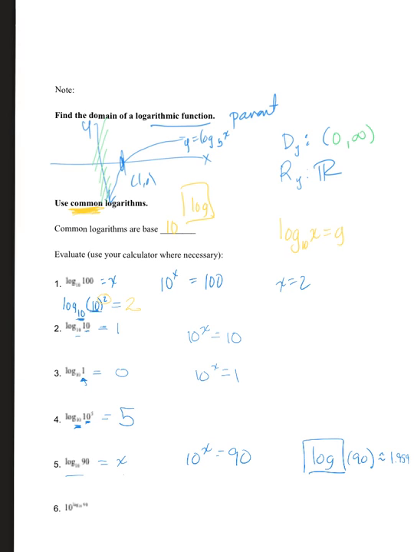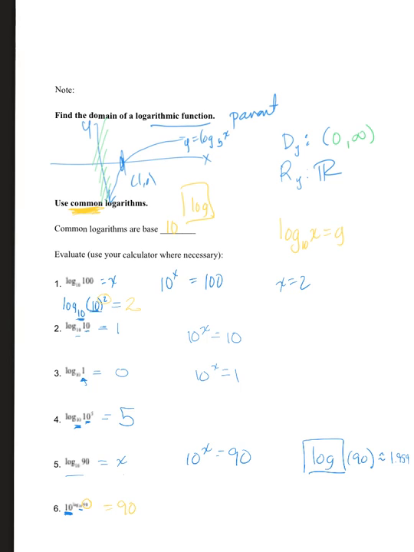Now what about this one? Well, this one allows me to tell you about another beautiful property. If you have a base raised to a logarithmic expression with the same base, the answer is just going to be that argument.